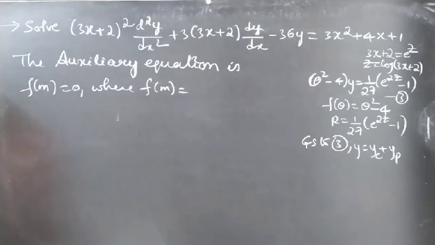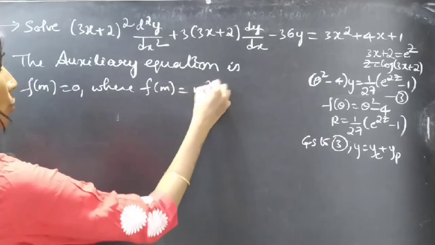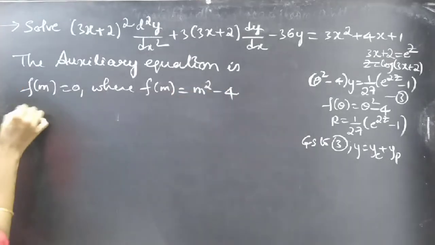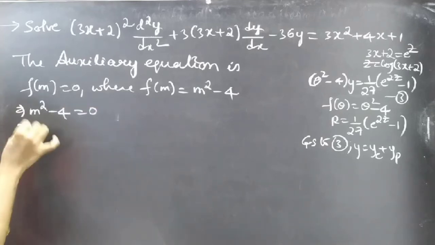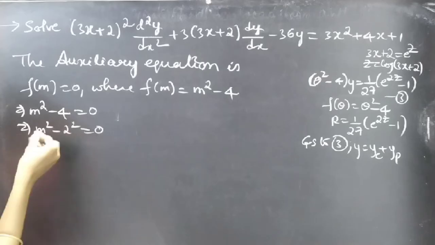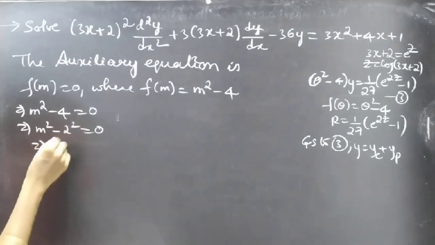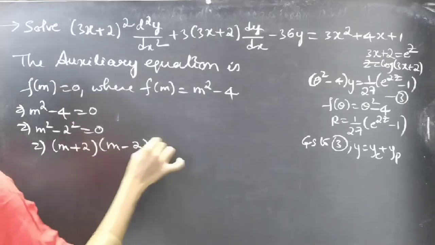Let's replace theta by m in f of theta. We'll get f of m equal to m square minus 4. Then the auxiliary equation becomes m square minus 4 equals 0. We can write this as m square minus 2 square equal to 0, which is of a square minus b square form, right? So we can write this as (m plus 2) into (m minus 2) equal to 0.